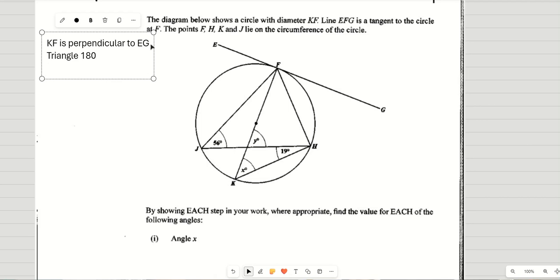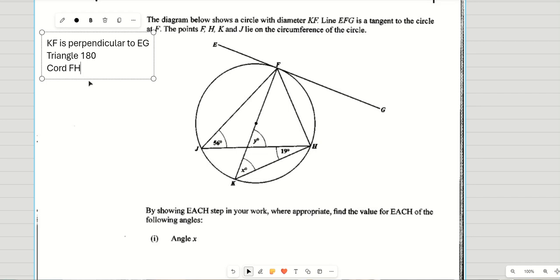Next, we have chord FH. There are two triangles on FH at the circumference. We have this triangle here and then this triangle here.